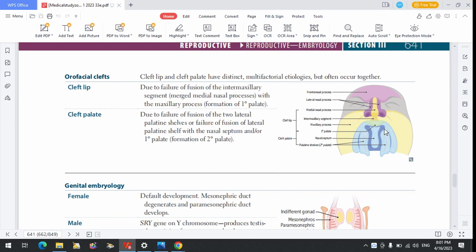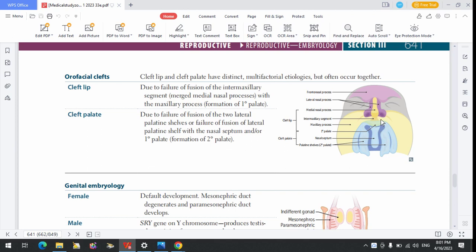So if it fails to fuse with the primary palate, or maybe because the primary palate fails to develop, that means you can have cleft lip and cleft palate. Because if the primary palate fails to develop, you might not be able to fuse this guy with this primary palate. So that means there's possibility of the person developing cleft palate. And of course, because you do not form the primary palate, there's also possibility of the person developing cleft lip. That's why they will say that they can coexist together.